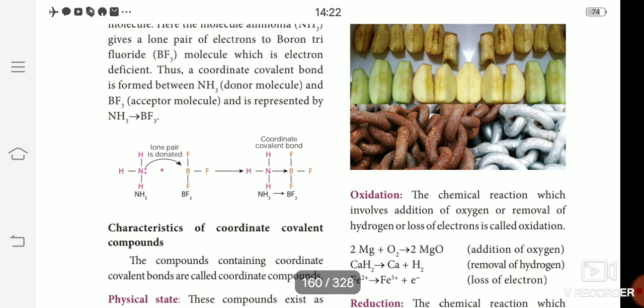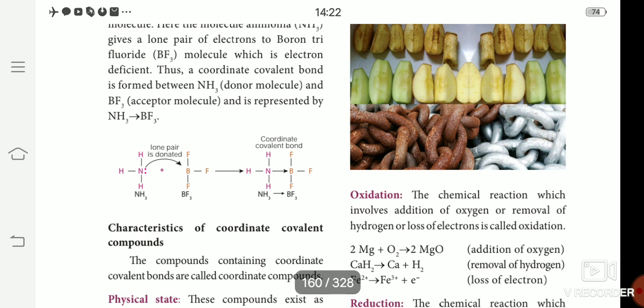So 2 magnesium and oxygen give 2 MgO, and that equation is balanced. Then calcium hydride: in this reaction calcium and hydrogen are separated, so it is the removal of hydrogen. Then the iron reaction, Fe2+.